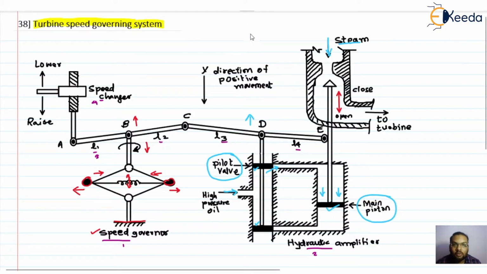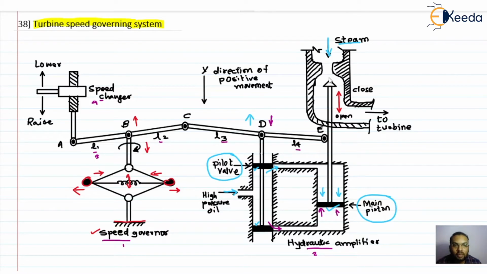In reverse, if point D on this linkage mechanism goes downward, the high pressure oil will get this path to the main chamber. When it goes through this path, it will push this main piston upward.